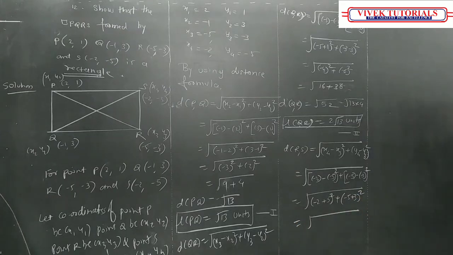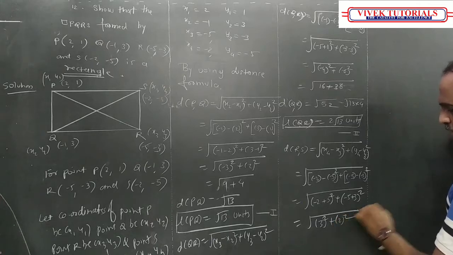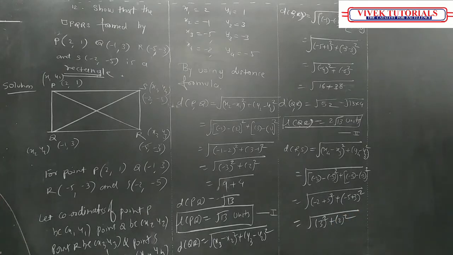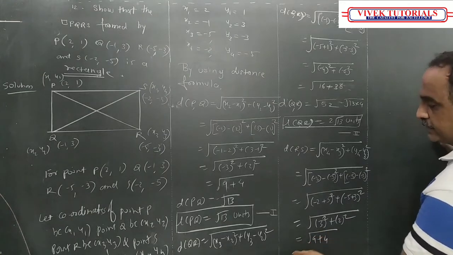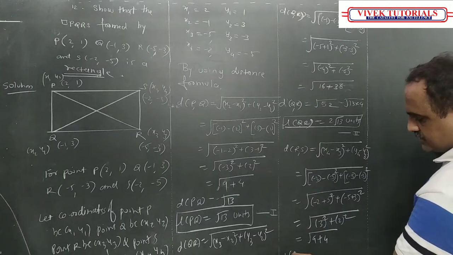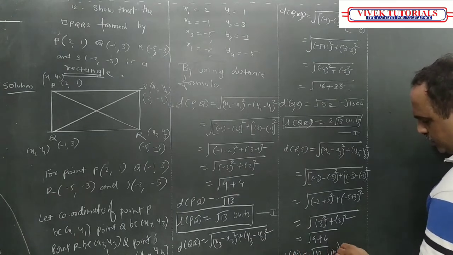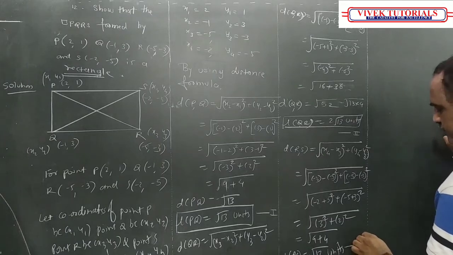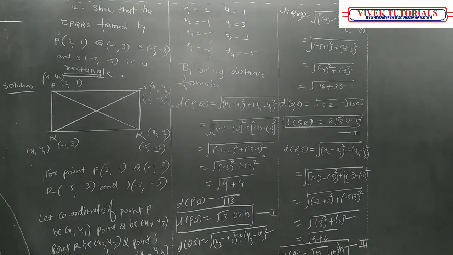It is coming as 3 squared plus 2 squared, so we are getting 9 plus 4. So length RS is root 13 units, equation 3. Okay, got it now?